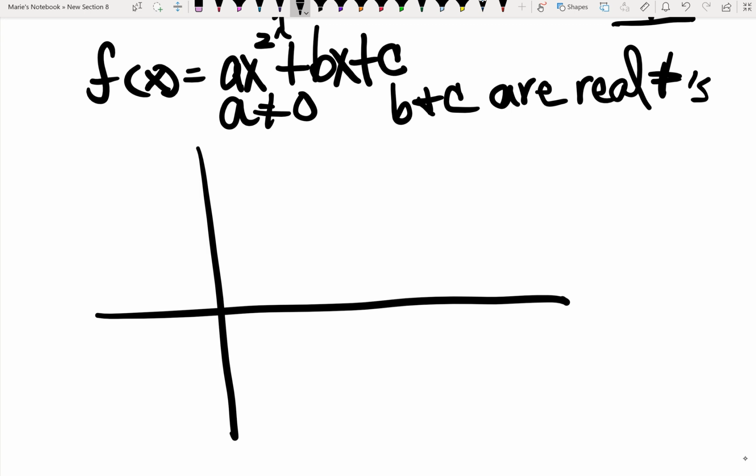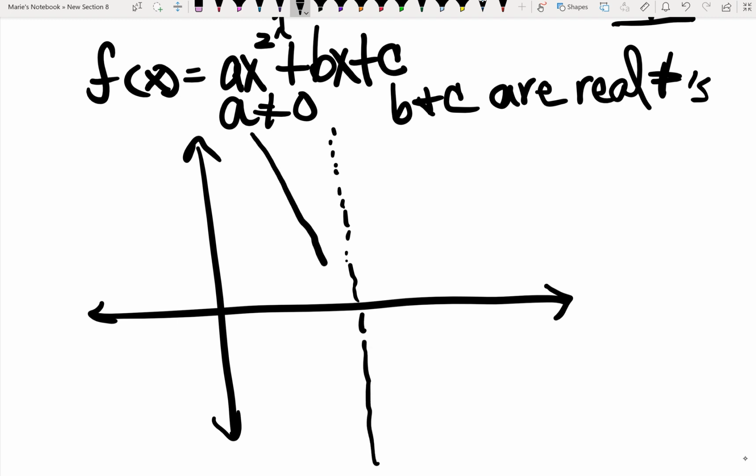So I'm drawing a coordinate system here. If we think of, say, this is x equals 4, we're going to refer to that as the axis of symmetry. The axis of symmetry is what you see here in the blue line, and this splits the parabola exactly in half.